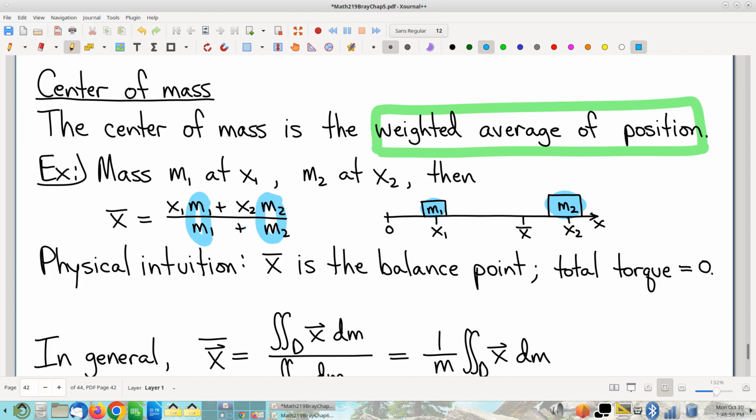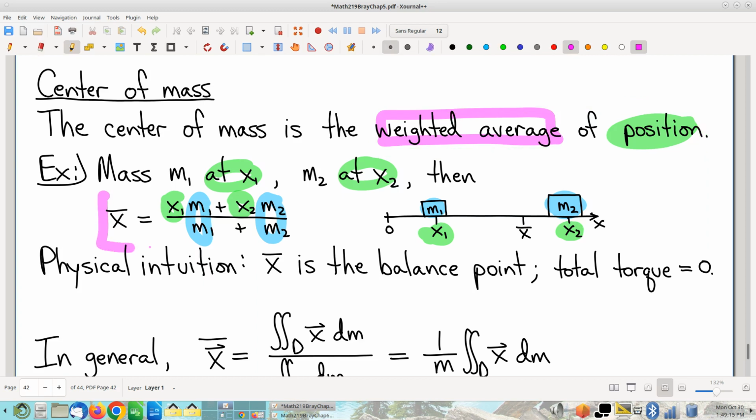And specifically, it's a weighted average of position. And so you see here the position, the x-coordinate, where these masses are located. Right, these x-coordinates. And all together then, the weighted average, this expression gives you that final value right there. Everybody buy it? It's just a definition.